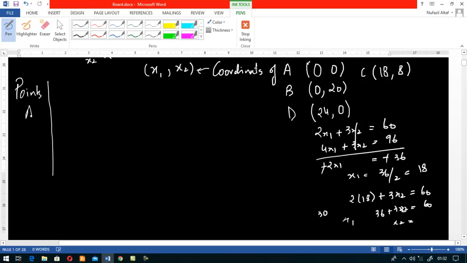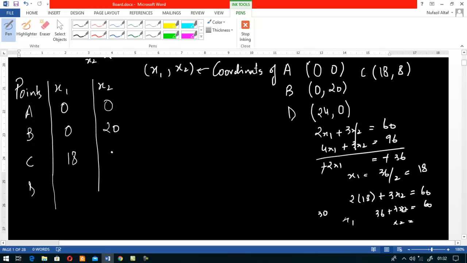I have A, B, C and D. So I have two values, x1 and x2. So the value of x1 and x2 at point A is 0 and 0. At point B it is 0 and 20. At point C it is 18 and 8. And at point D it is 24 and 0.